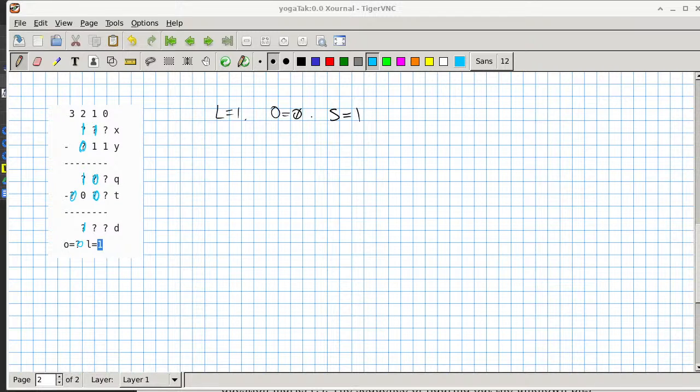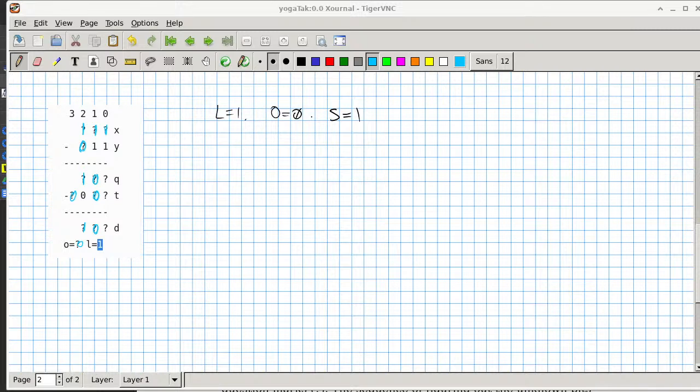And now we end up with the same situation, because we end up with t1 being a 0, and we have t0 known to be a 1 already. It's exactly the same scenario that we had earlier. So we just basically reapply the same technique. We know x has to be a 1, otherwise we end up with t1 being a 1.